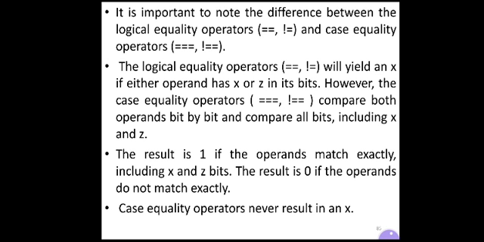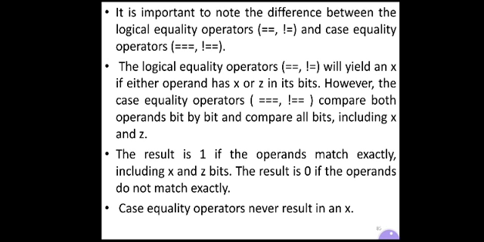The first two we have discussed. The second one, case equality. Here the bits are compared bit by bit in case equality also, and it compares the values of x as well as z.